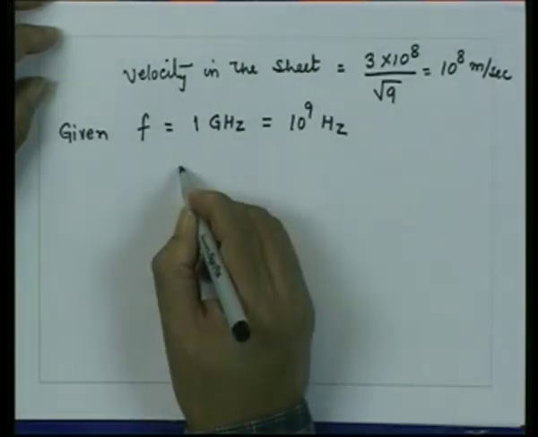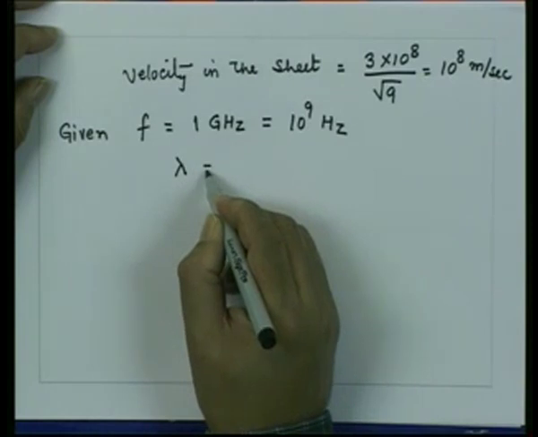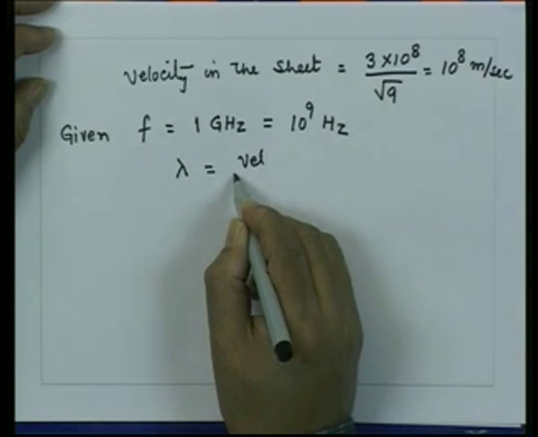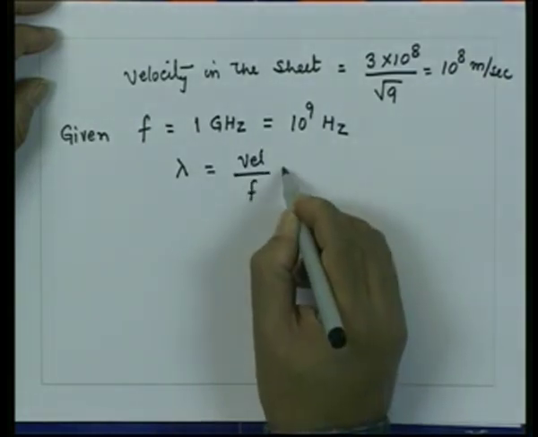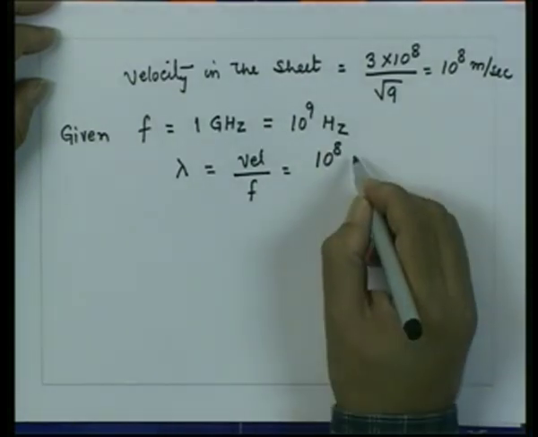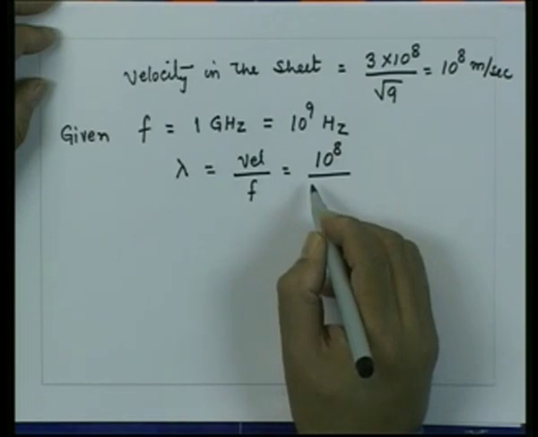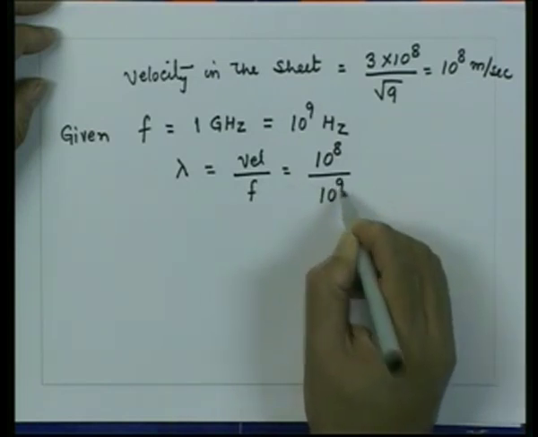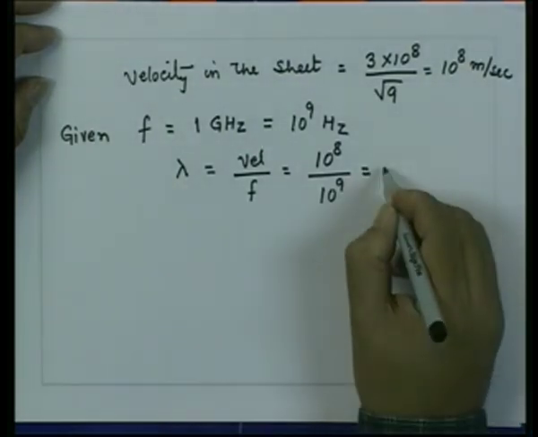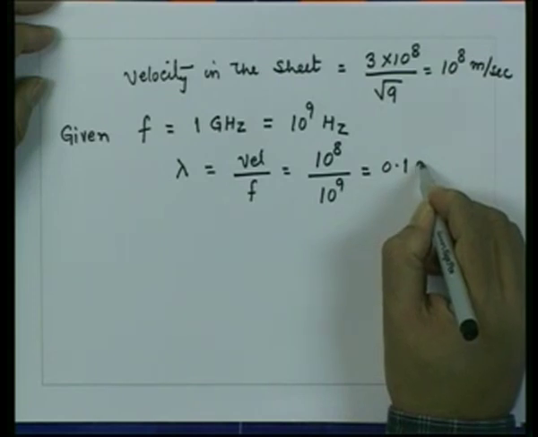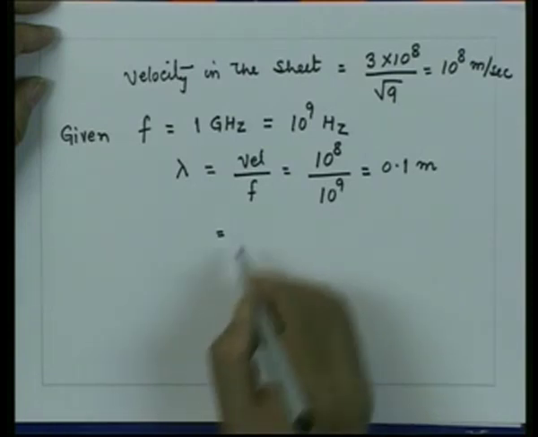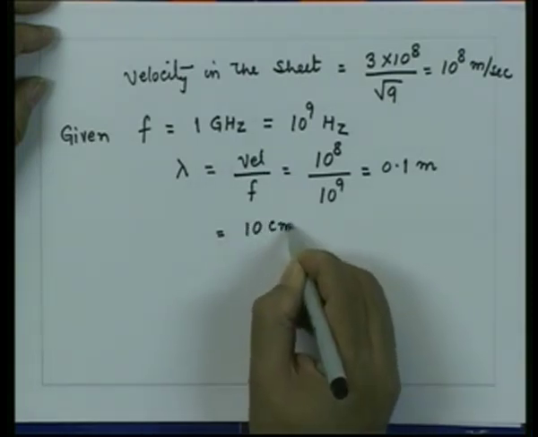From here we can calculate lambda, which is the velocity divided by frequency. That is 10 to the power 8 divided by 10 to the power 9, which is 0.1 meters, or 10 centimeter.